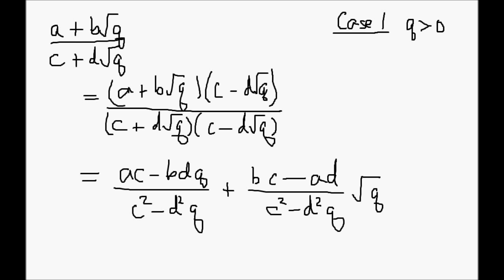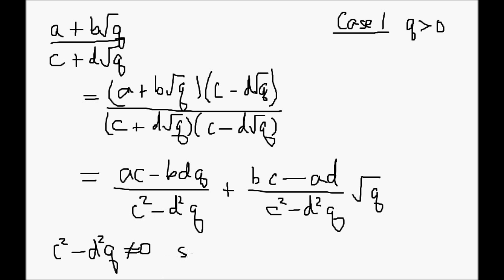So this looks like it has the required form of a rational number plus a rational number times the square root of q. However, there's a couple things that we need to check. First off, we know that c squared minus d squared q cannot be equal to 0. So that's one thing that we need to check, that we don't have a 0 in the denominator.